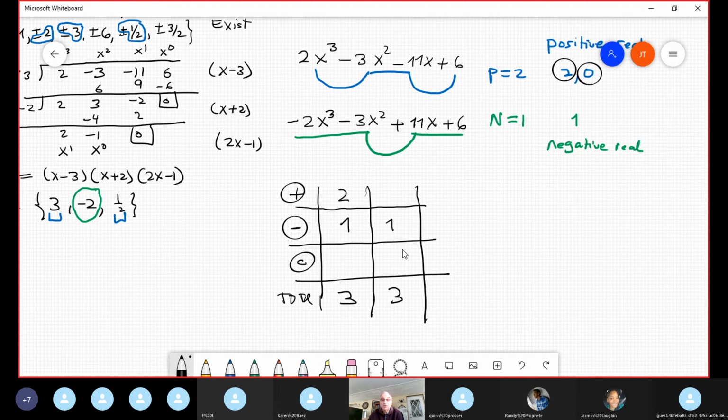However, you have 2 possibilities for positive, 2 or 0. Let me analyze complex. You have 2 plus 1 is 3, and we have 0 complex. Another possibility is 0 positive real, 1 negative, so we have 2 complex, because 2 plus 1 is 3. However, the combination that works perfectly is this: 2 positive real, 1 negative real, no complex. In this example, in total we have 3 real zeros: 1, 2, 3.